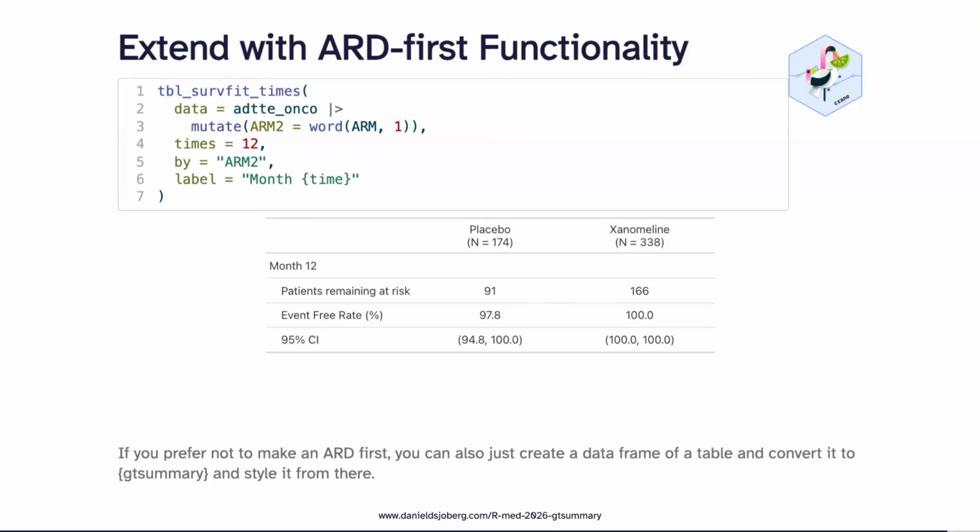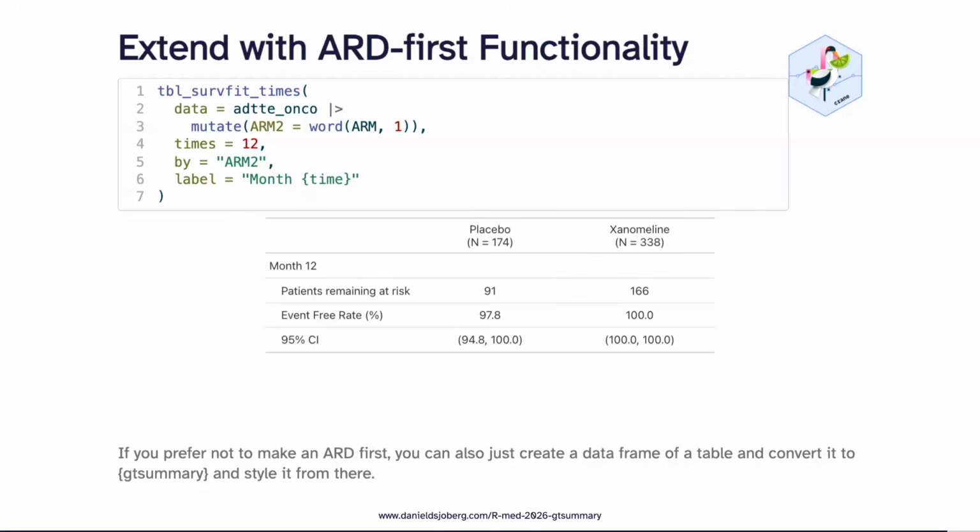And it will just give you the results in this format, and you specify which stats you want to appear. So that's how you can really utilize this ARD-first framework to do much more complex things that are not available to you in the most basic gtsummary tables.